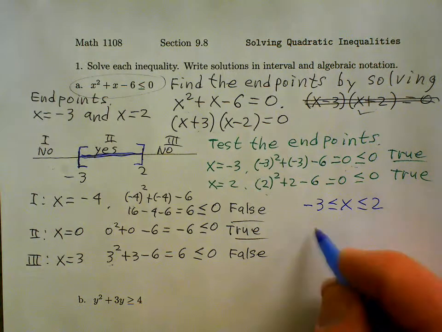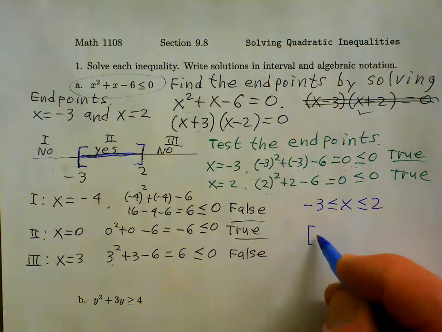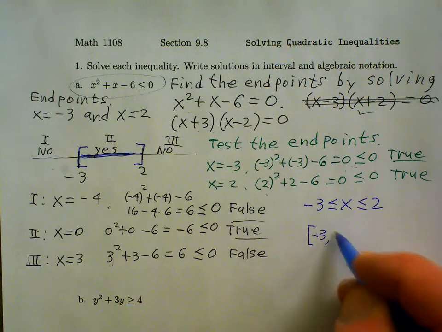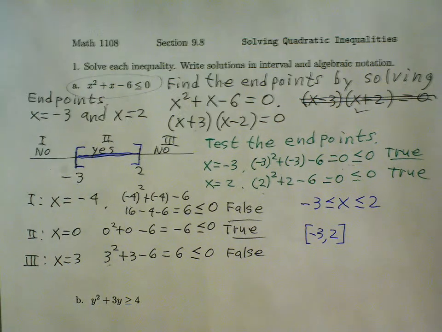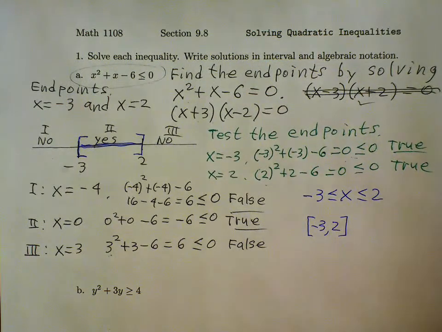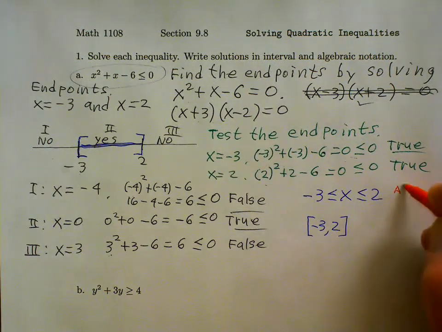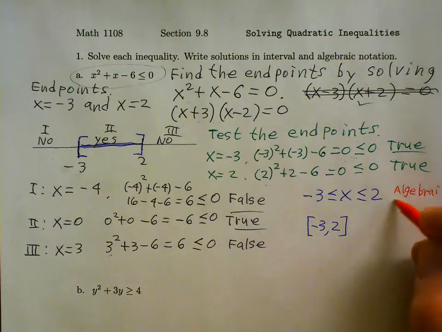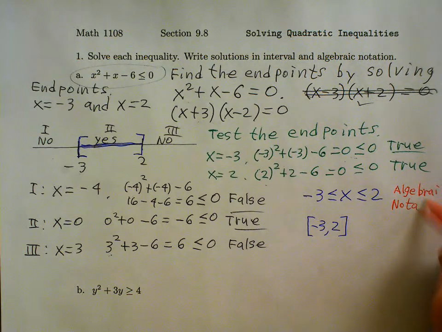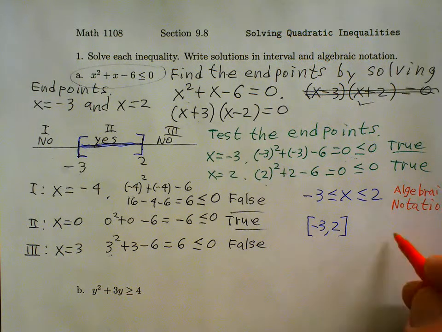And then the interval notation is bracket negative 3 comma 2 bracket. This top one is the algebraic notation. And the second one is the interval notation.